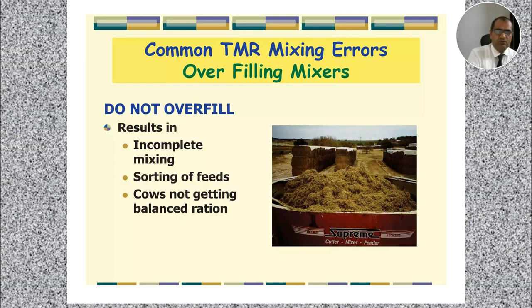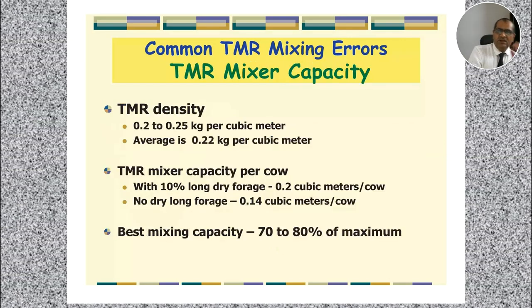So if you fill it too much, the TMR mixing capacity is exceeded. Sometimes it is over capacity. 0.2 to 0.25 kg per cubic meter is the optimum.